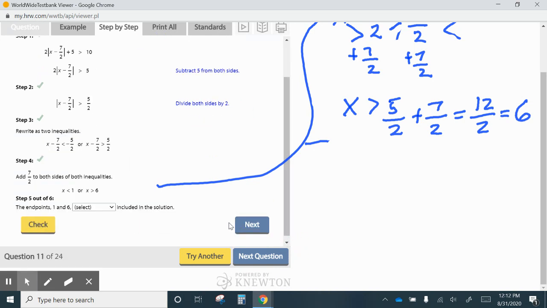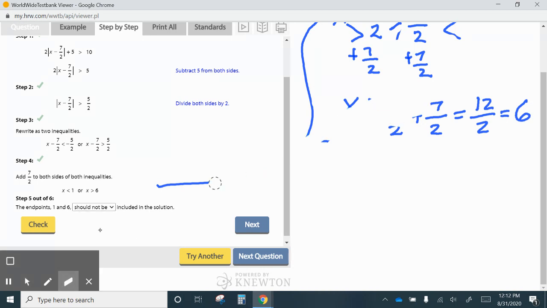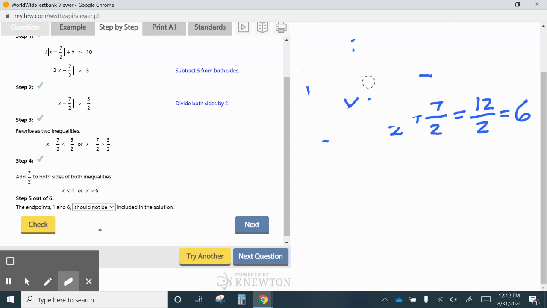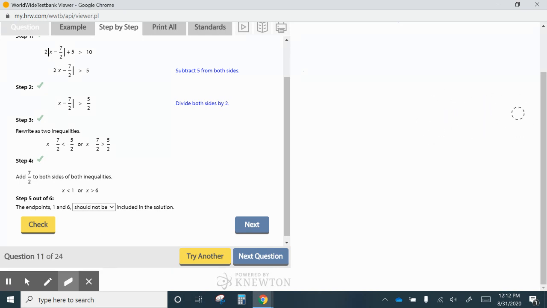Okay. The end points 1 and 6, since it's greater than, should not be included. Okay. So explain that. So when it's greater than or equal to, notice the line, it's included.